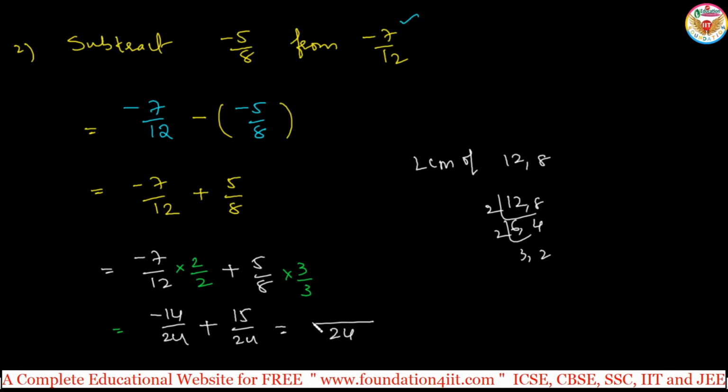So 24 is the LCM now. Same denominator: minus 14 plus 15, that is 1 by 24. Right, 1 by 24 is the answer for subtraction of minus 5 by 8 from minus 7 by 12. So this is the way we can do.